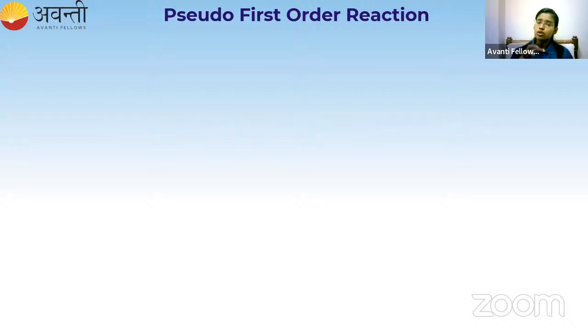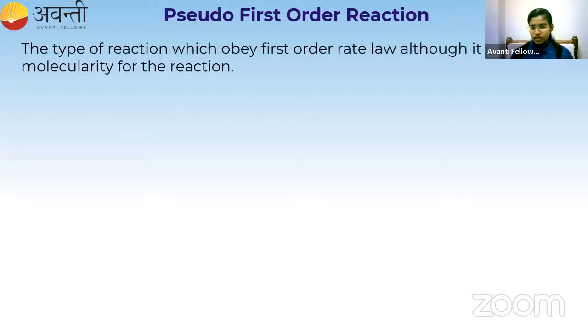So what is meant by pseudo first order reaction? It is not called a first order reaction, but it is a first order reaction. Am I confusing you? I'll give you the definition, don't worry. The type of reaction which obeys the first order rate law, although it has higher molecularity for the reaction.